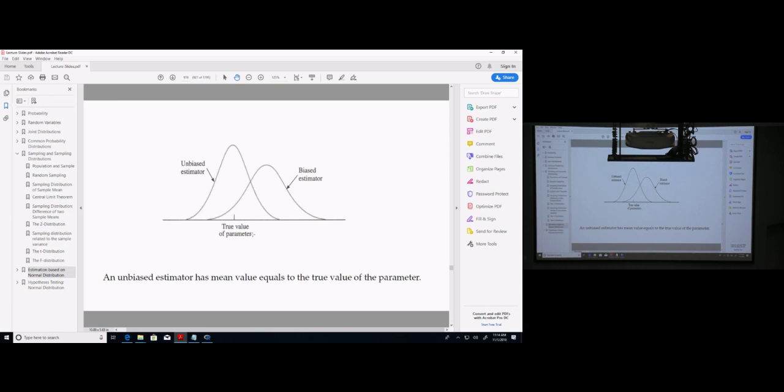So the biased estimator has the true value plus the bias, and the bias is positive here. Just like, for example, you weigh something, and if the scale is not set at 0, but is set at maybe 1 or 2, then no matter how many times you weigh, you will add 1 or 2 into your reading.